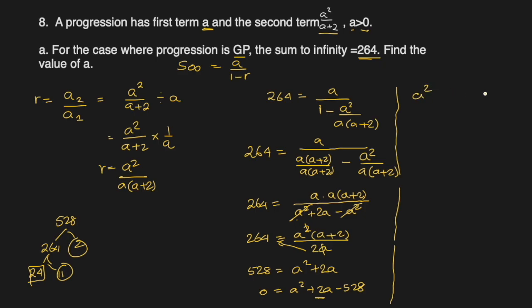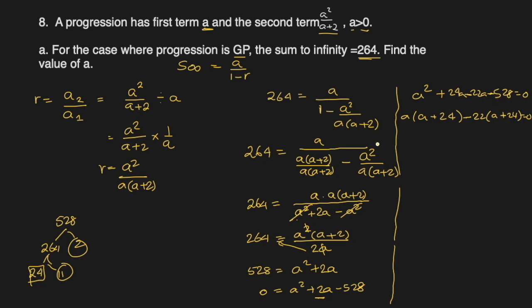A square remains a square, minus 528 remains 528. The middle one will become 24. I got from here positive 24a and minus 22a. So the common between them is a. So a plus 24, minus 22a plus 24 equal to 0, because there is negative and I've taken that negative common.